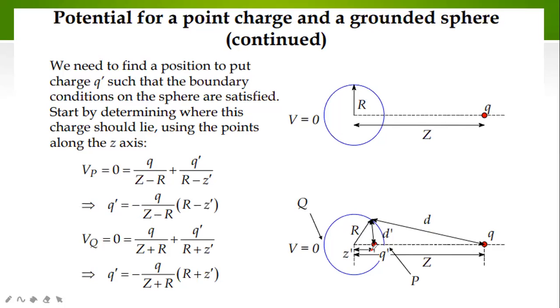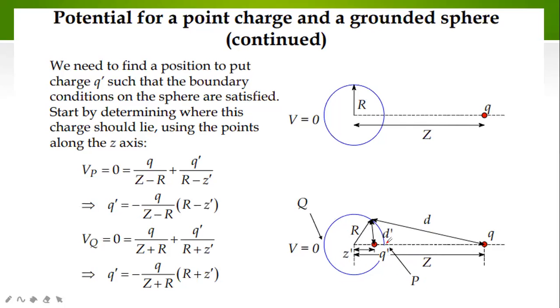On the surface, we are saying that this is a grounded conducting sphere. Grounded conducting means V is 0, obviously. So on the surface, V is 0. So one thing we have calculated for the grounded conductor, V is 0. Vp, the potential at point P, this is your point P.